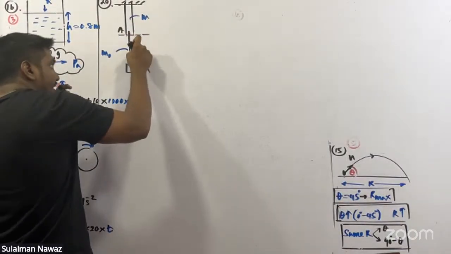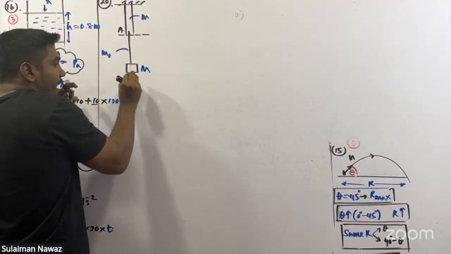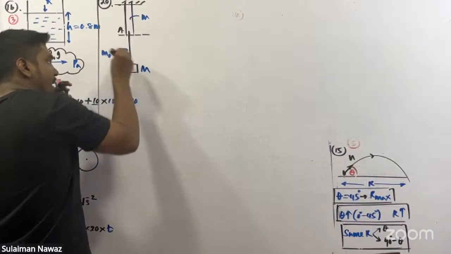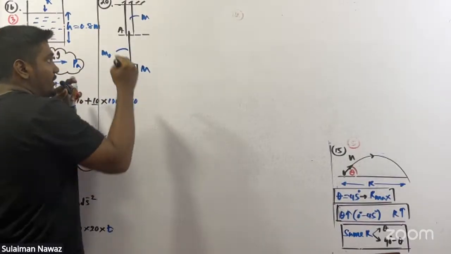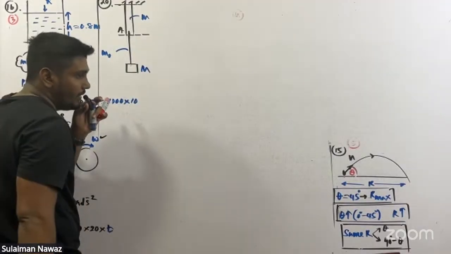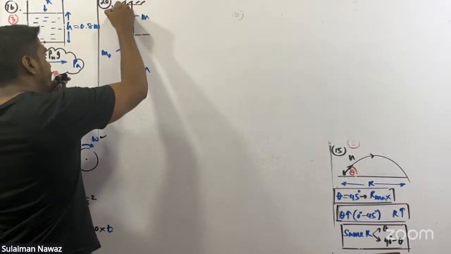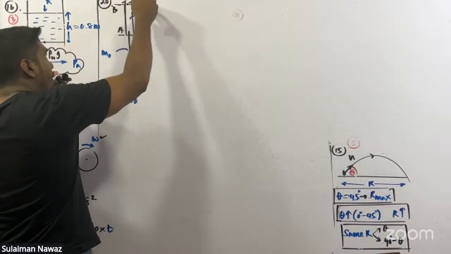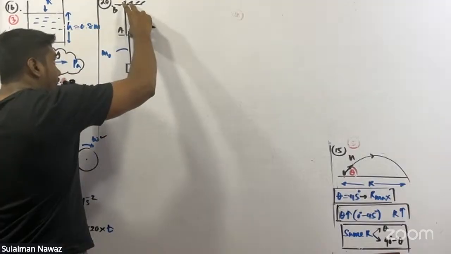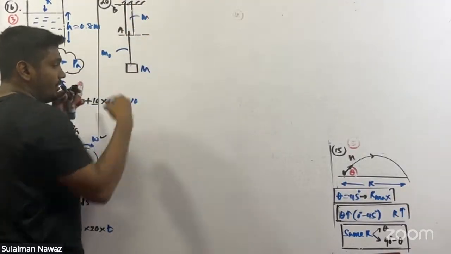Mass of the thinner string M naught plus this object mass M. Therefore, the total tension is (M naught plus M)g. If they ask for the tension at point B somewhere here, the total mass below B is thicker mass M plus thinner mass M naught plus capital M, times g.